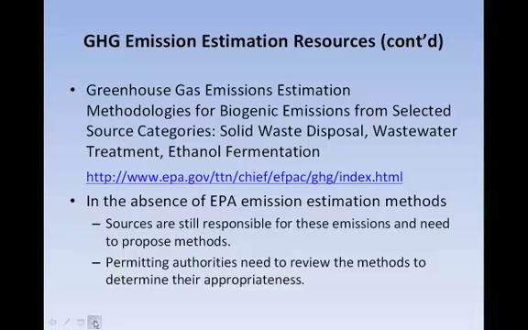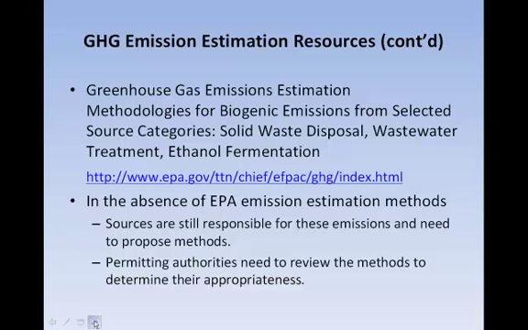This technical guidance document describes emission estimation techniques for greenhouse gas air emissions from solid waste disposal, wastewater treatment, and ethanol fermentation facilities. All are anthropogenic source categories that can produce greenhouse gas emissions through biological processes involving living organisms, which is, in other words, biogenic emissions.